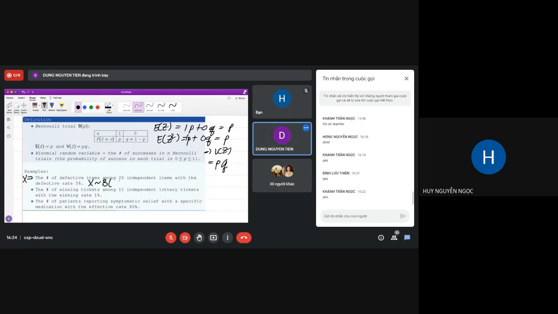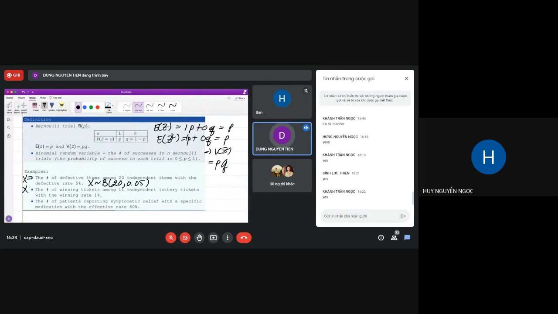I use the notation tilde to indicate that X follows that distribution. This binomial distribution has two parameters. The first is the number of items that you want to check, so you have 20. And the second parameter is the defective rate, so you get 5%, 0.05.